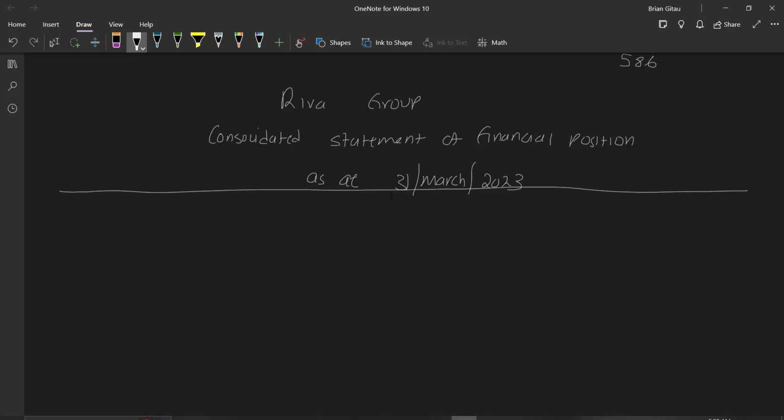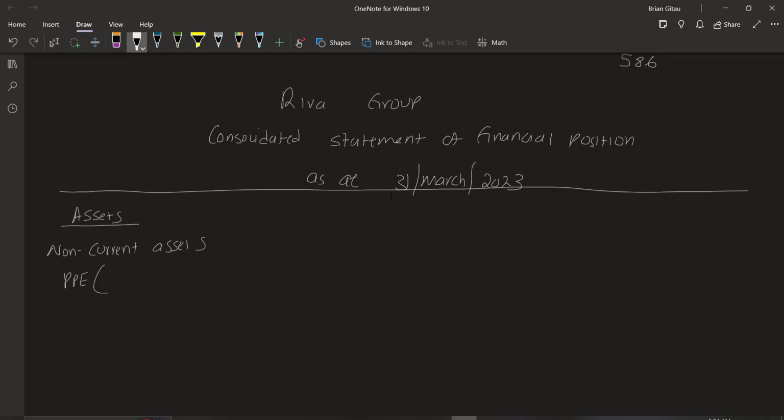Now we start with the assets. Up on the assets, we start with non-current assets. On the non-current assets, we have PPE.